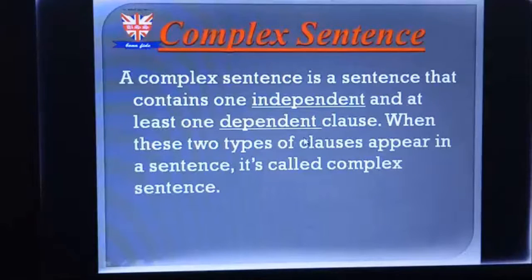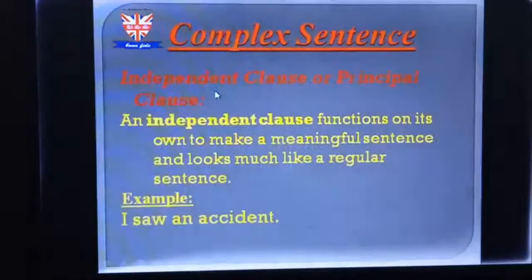Let me remind you of something from the previous video: what is an independent clause? An independent clause functions on its own to make a meaningful sentence and looks much like a regular sentence. In another way, an independent clause is a meaningful, complete sentence.